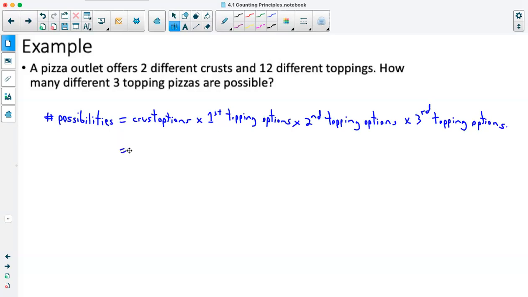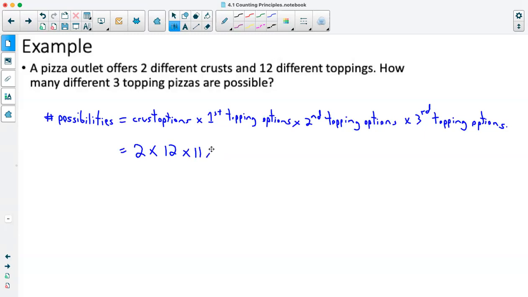Okay, so our number of possibilities, we had 2 crust options. So we've got 2 times, and then we've got 12 different toppings to choose from. So for our first topping, we've got 12 options. We're assuming we're not repeating toppings. So if we've already chosen one of the toppings, that leaves us with 11 toppings remaining. So for our second topping, we've got 11 things to choose from.